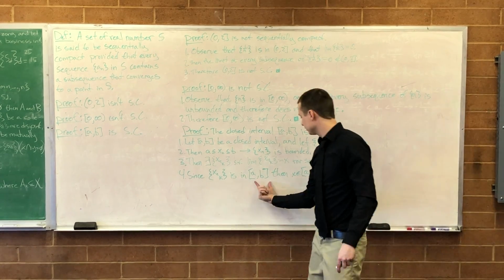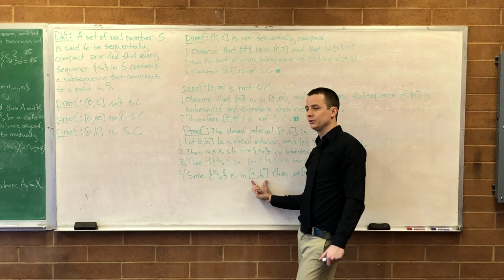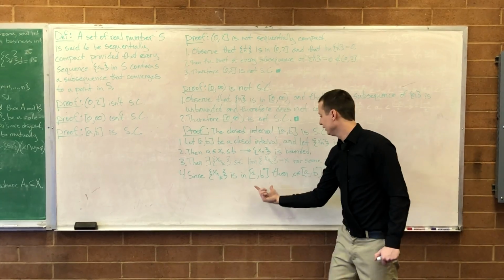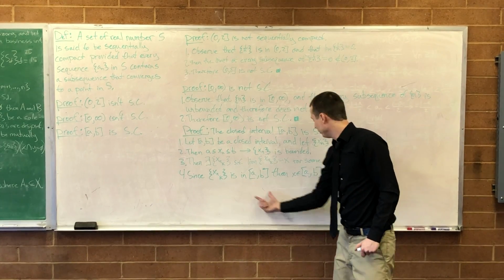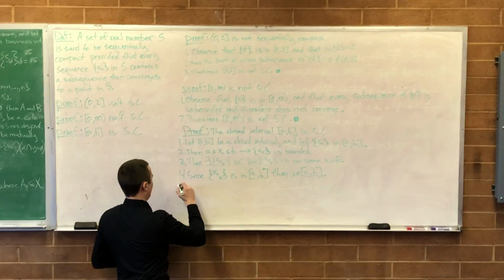So we proved that this was closed, and the definition of closed was every sequence in there that converges, converges to a point in there. So since this is in here, then what it converges to is in there. And therefore it's sequentially compact.